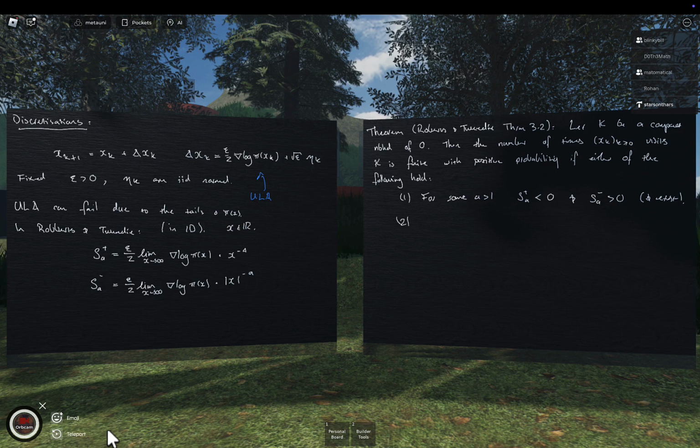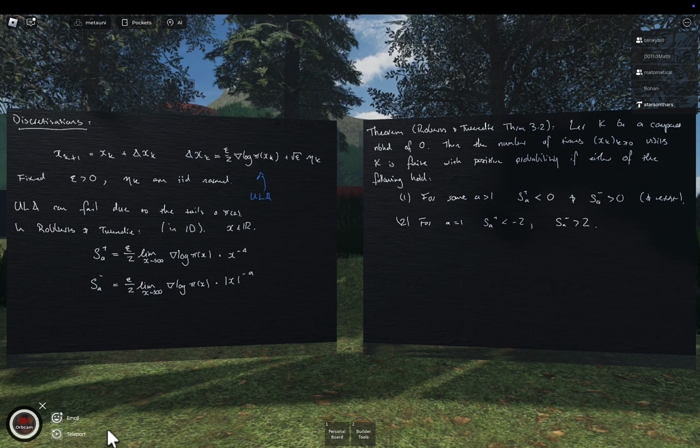Or for a equal to 1, S_a plus is less than minus 2, and S_a minus is greater than 2. I'll give a sketch, which is what they give in the paper, and cite the textbook they wrote.